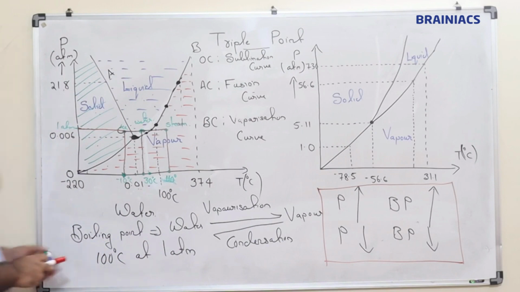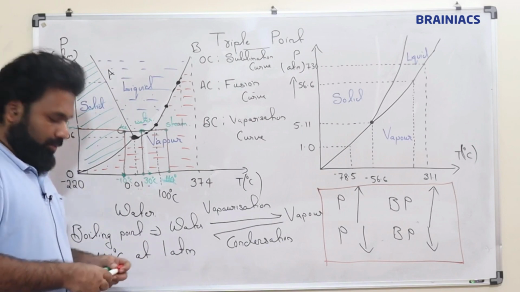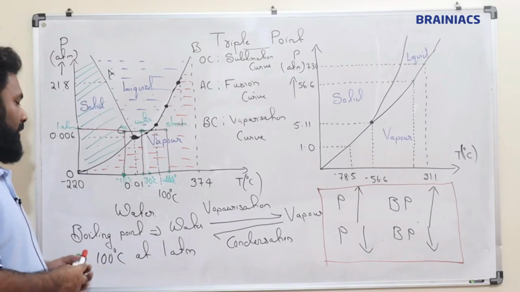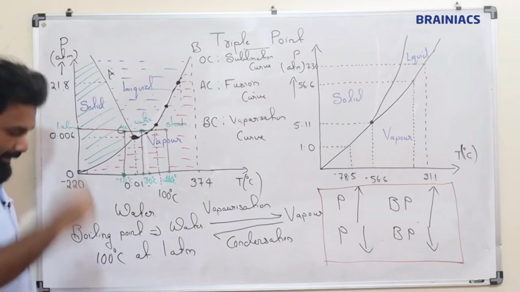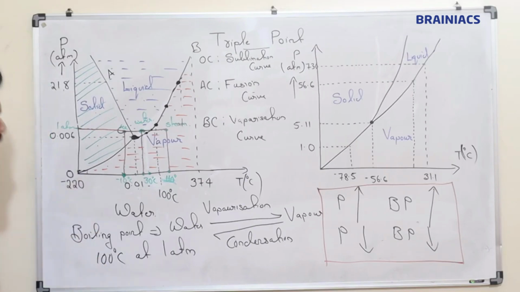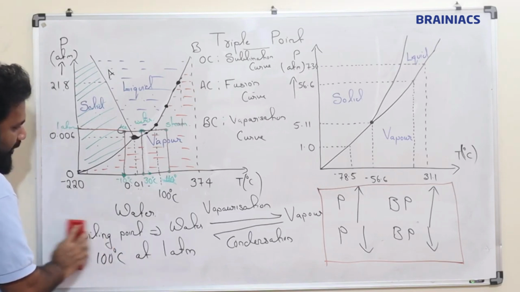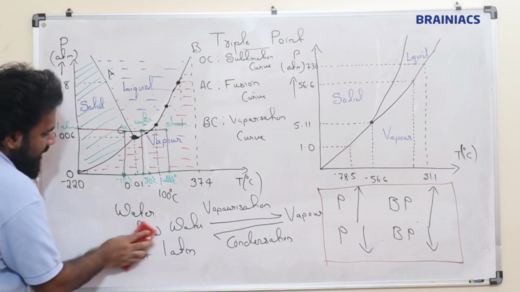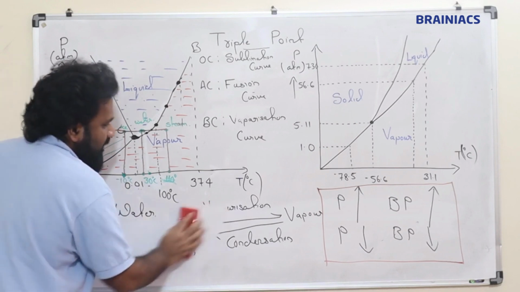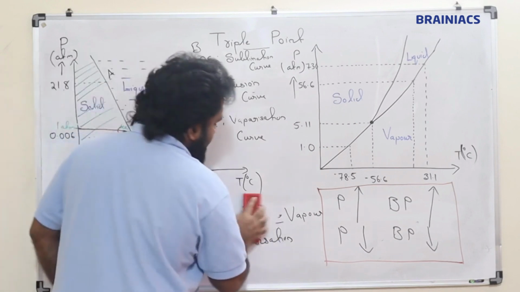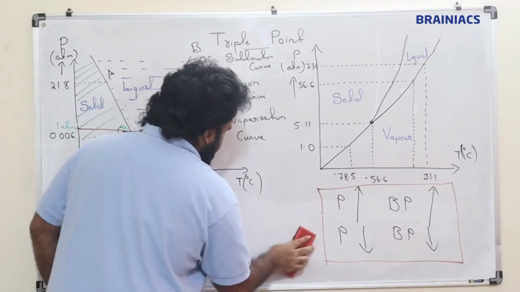Clear? Fine, note it down. Important points. Pause the screen and note it down. Shall I erase this now? Boiling point, water, vaporization, 100 degrees Celsius, 1 atmosphere, vaporization, condensation. Right.